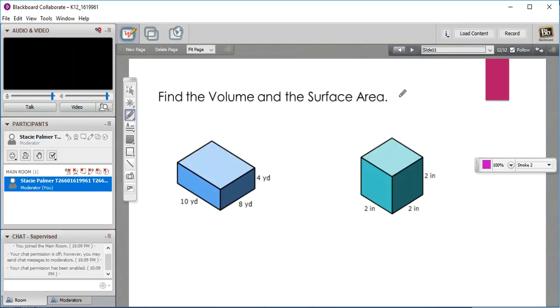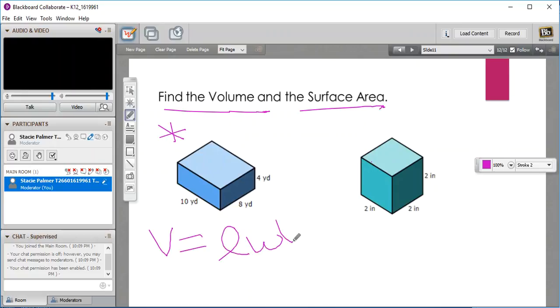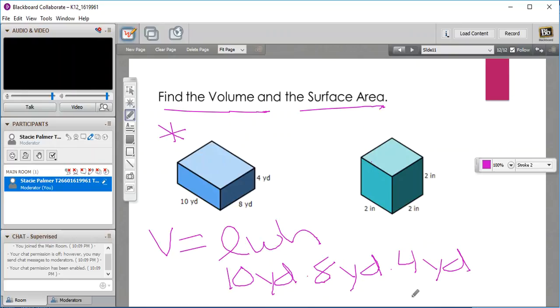So let's go ahead and try one of these. Find the volume and the surface area. Let's do it for this shape together, and then I'll have you do the last one on your own. To find the volume, we do length times width times height. So here we've got 10 yards times 8 yards times 4 yards.